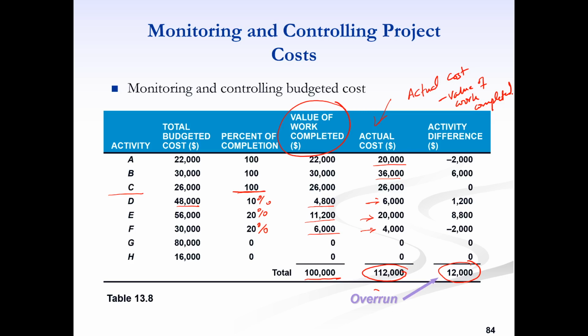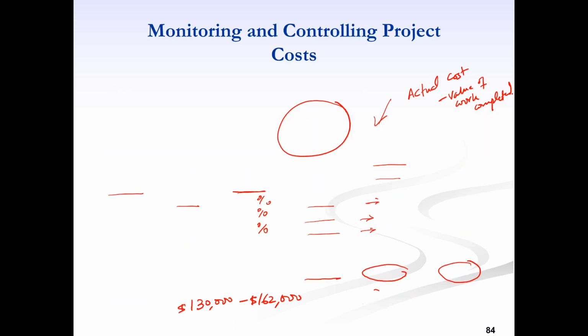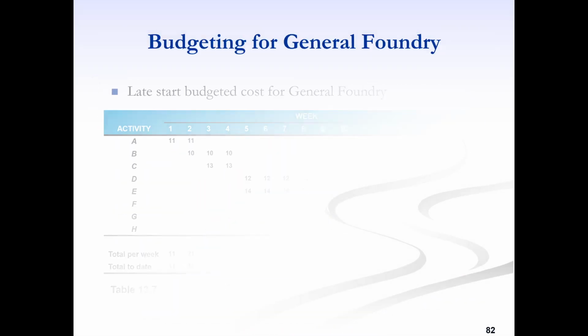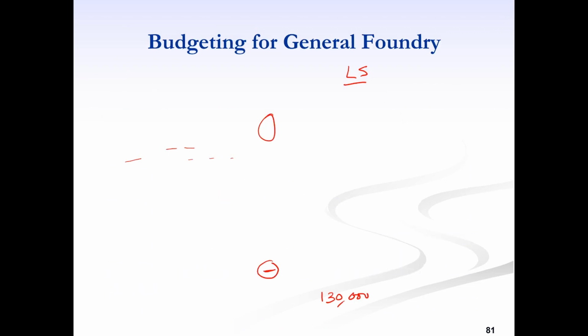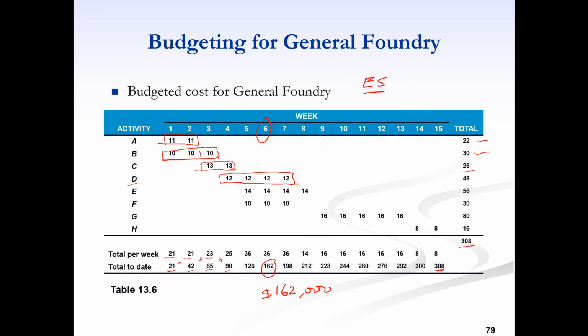Another thing we want to know is whether we are on schedule or behind schedule. Now remember that it is week 6, and when week 6 is completed, the value of work completed, we said, should be between 130,000 and $162,000. If you refer back to the earlier tables, I can show you again. This was 130,000 if we start with latest start times, and this was 162,000 if we go for the earlier start.